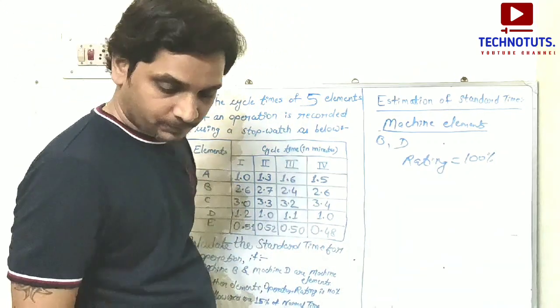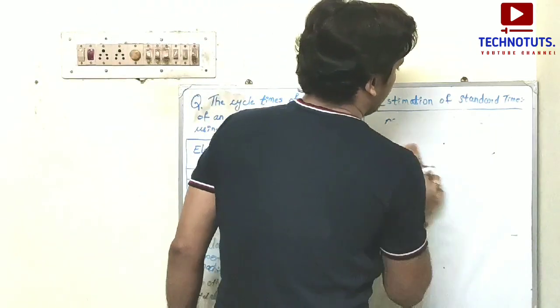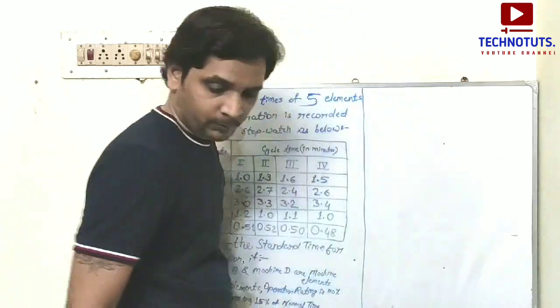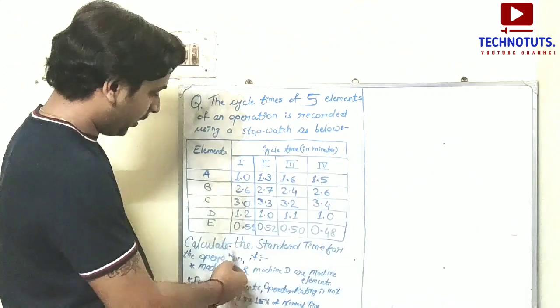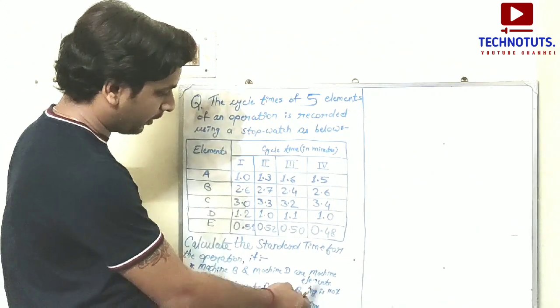Now let us solve this problem by using the formula for the standard time. The question asks to calculate the standard time for the operation if B and D are machine elements.